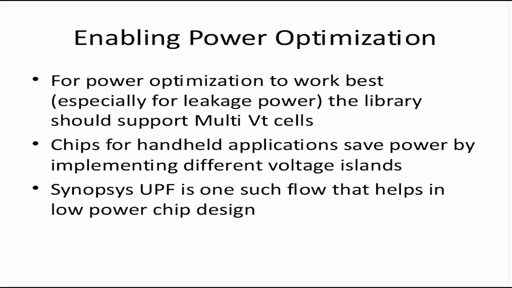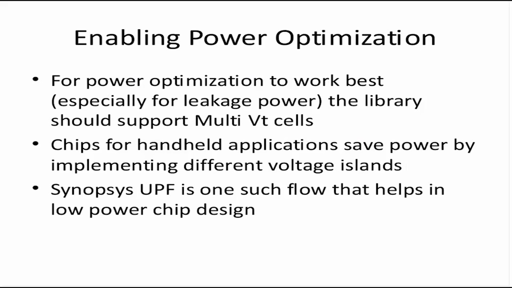For power optimization to work best, especially for leakage power, the library should support multi-VT cells. If your library does not have any multi-VT cell, if for all the cells there is only one VT type, let's say you only have standard VT, it's not much useful for power optimization because Design Compiler does not have any choice. So there is no use, in fact, in even enabling power optimization.